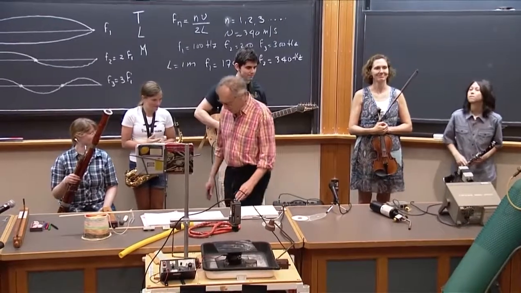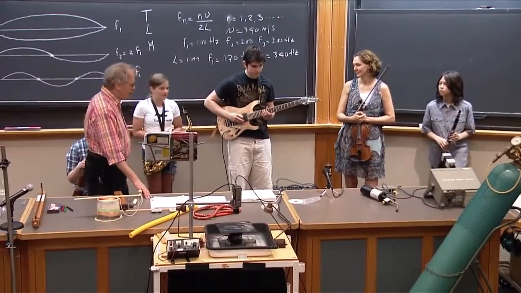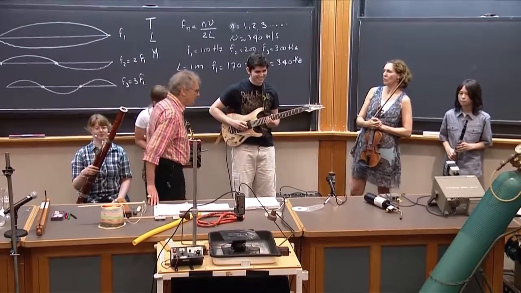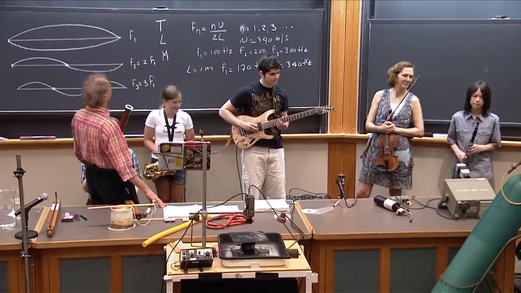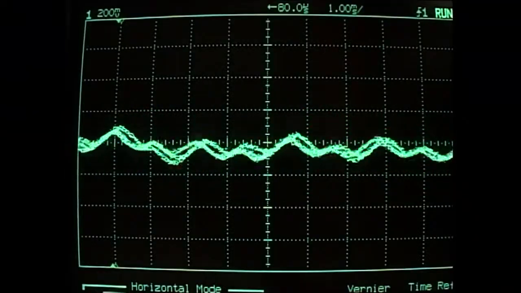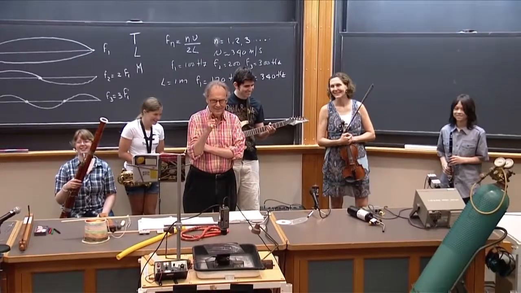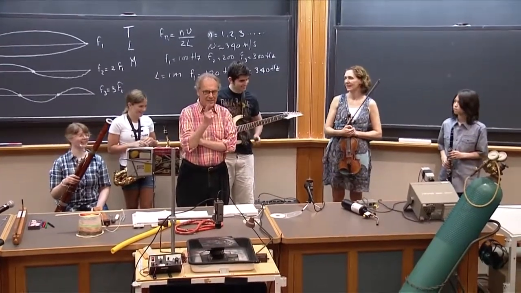All right, so now we get Devin with the electronic guitar. He is going to try to make you see 440. And now comes the embarrassment. We knew this in advance. He can't.